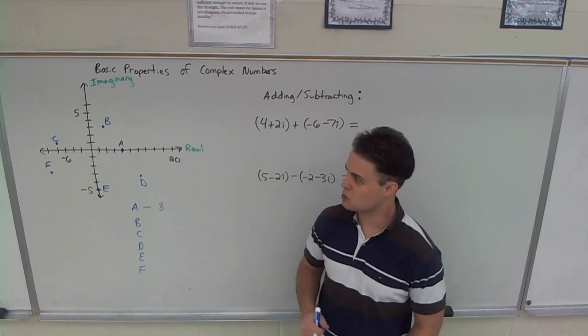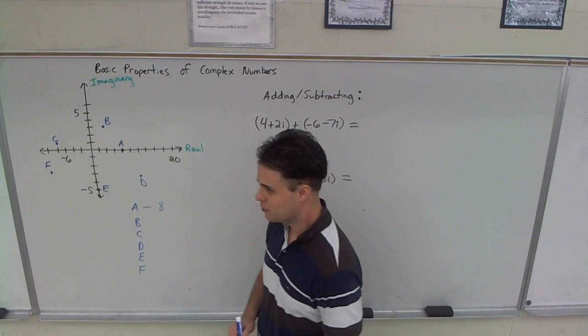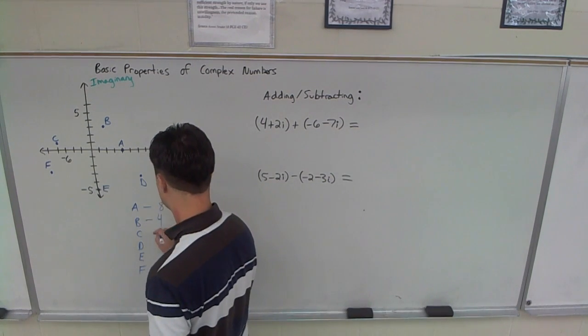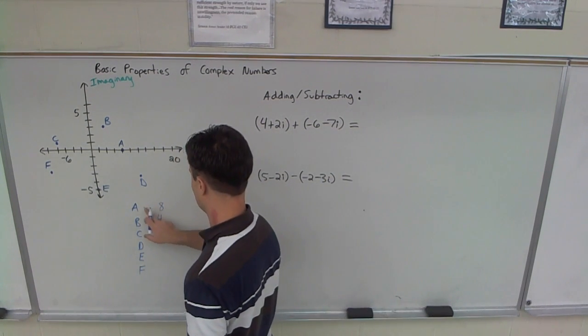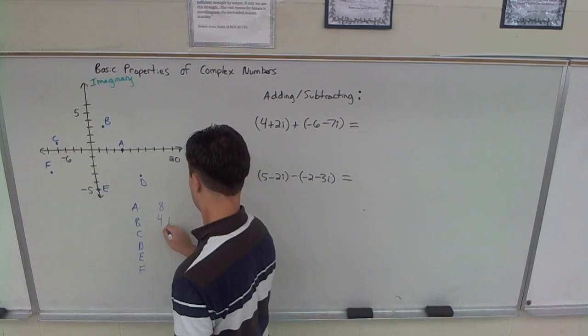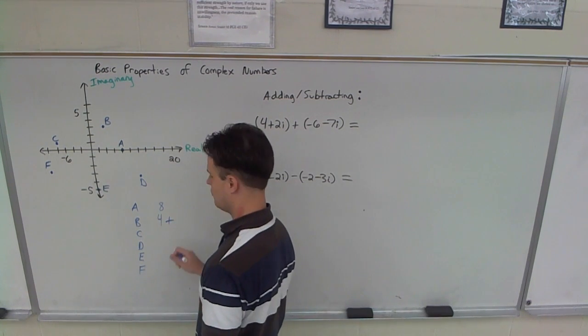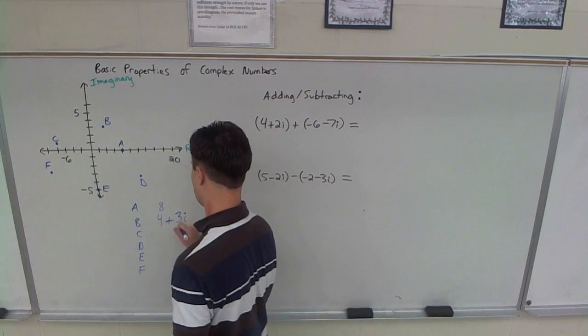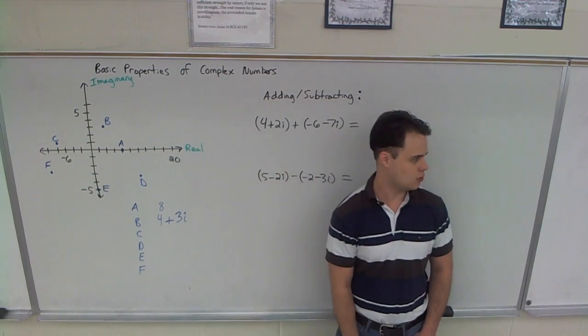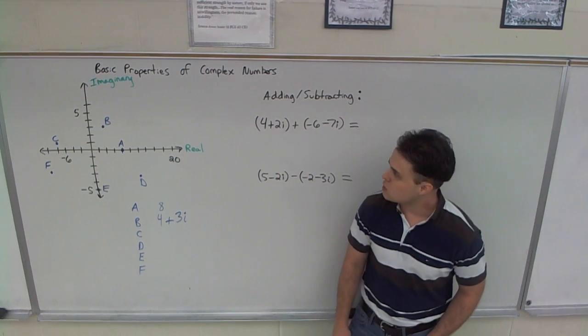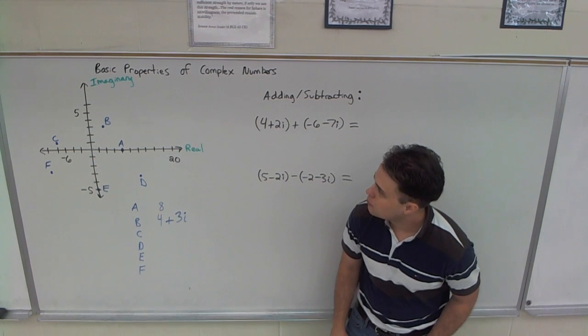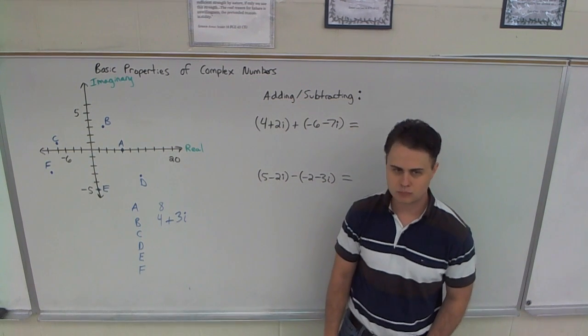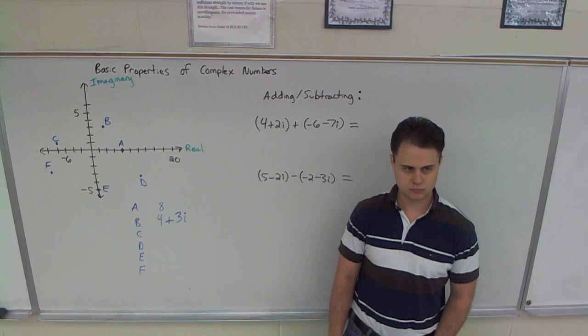The real part is 4, so it's going to be 4. Yes, I hear a few people. 4 plus 3i. There you go. C. -8.